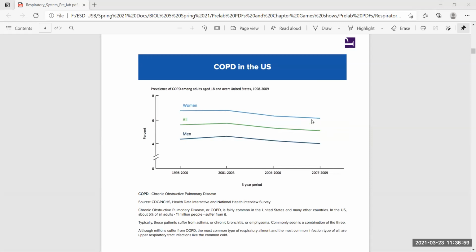Okay. COPD is chronic obstructive pulmonary disease, which includes chronic bronchitis, emphysema, and bronchial asthma. Together, we call these all COPD, and they are obstructive lung diseases. And you can see the pattern of obstructive lung disease from 1998 to 2009.